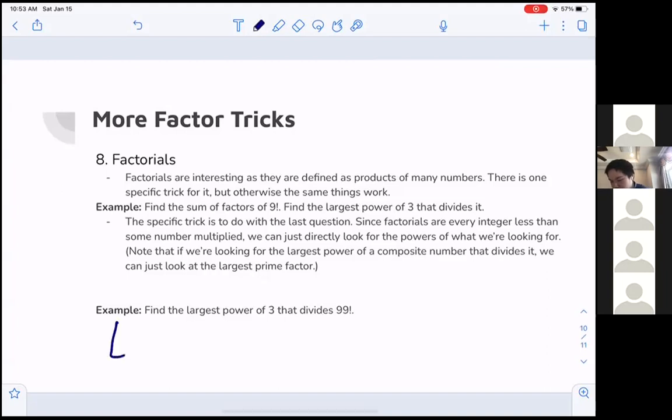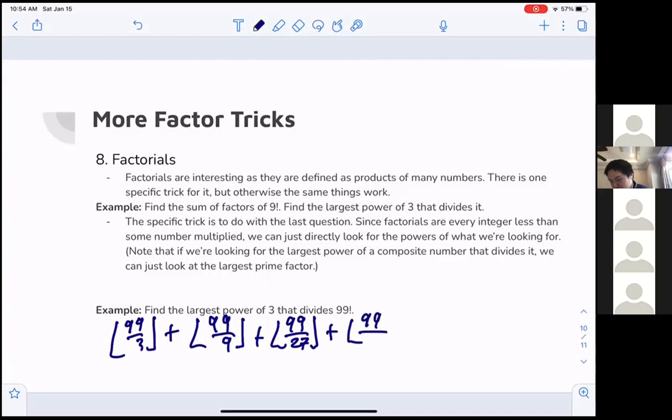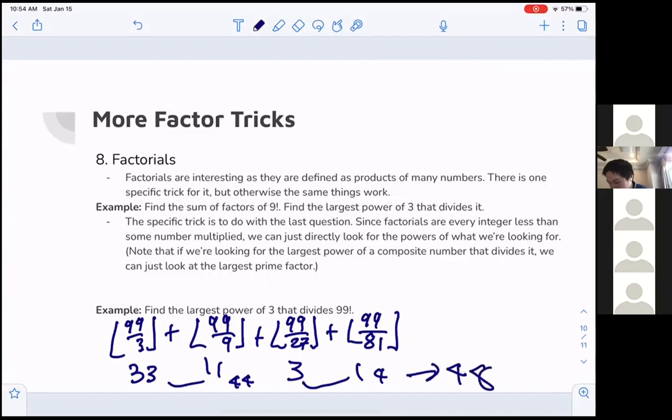So this would be 99 over 3, 99 over 9, plus 99 over 27, plus 99 over 81. That's 33, 11, 3, 1, which is 48.